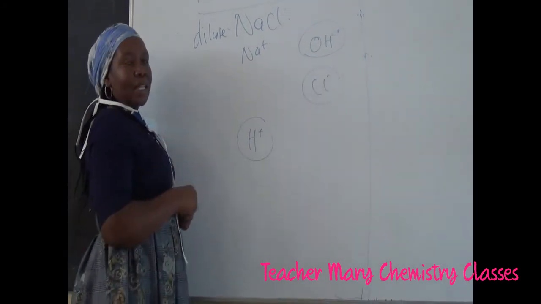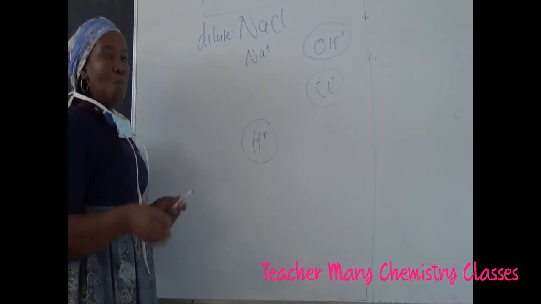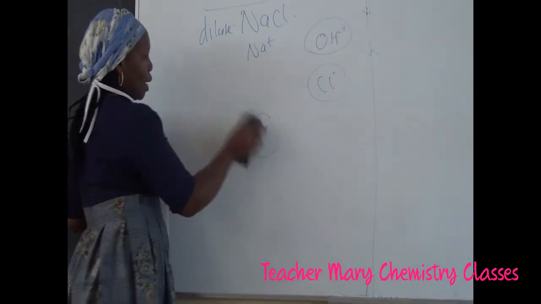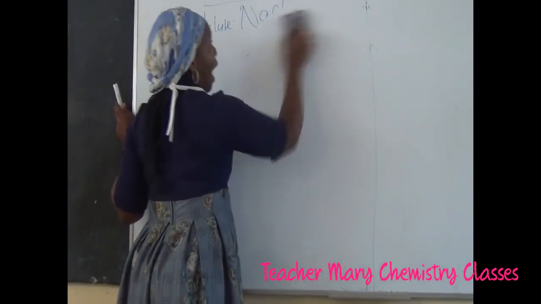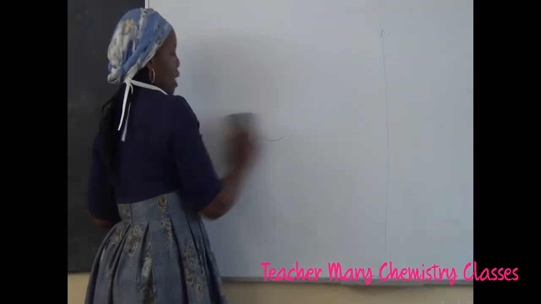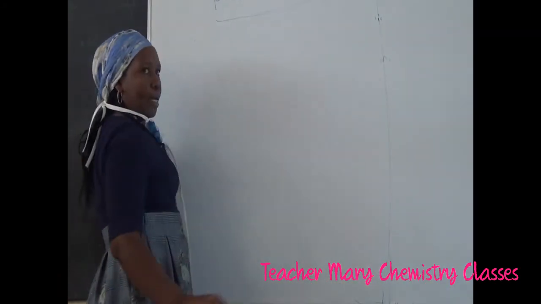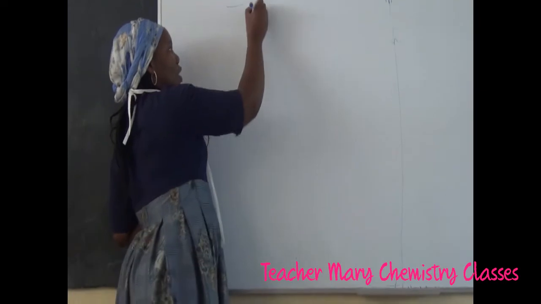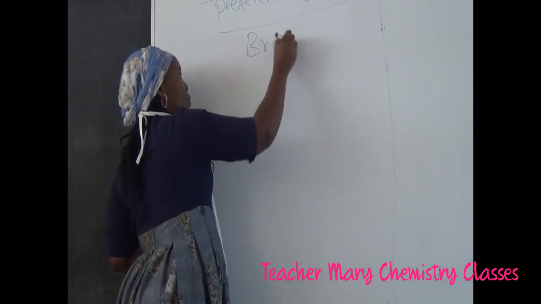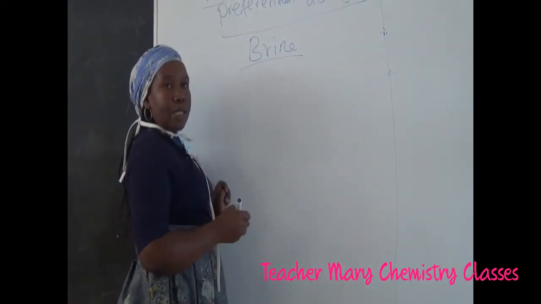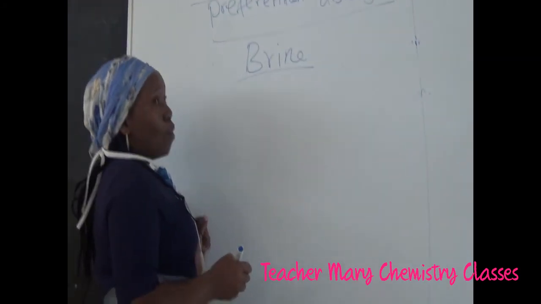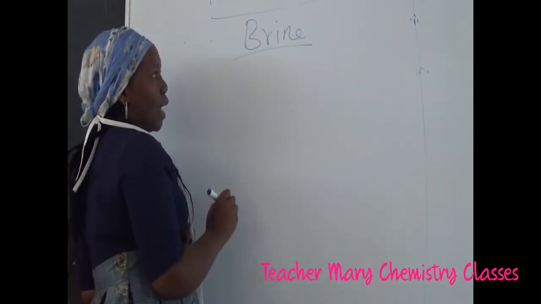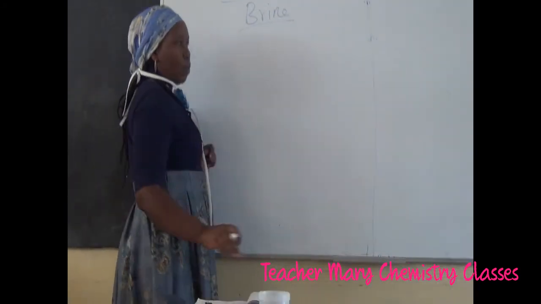What if we make the sodium chloride more concentrated? The other name for concentrated sodium chloride is brine. You also come across it when you are looking at the Solvay process.